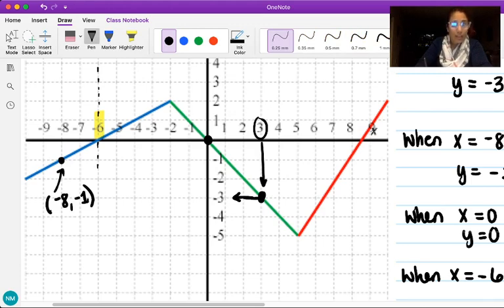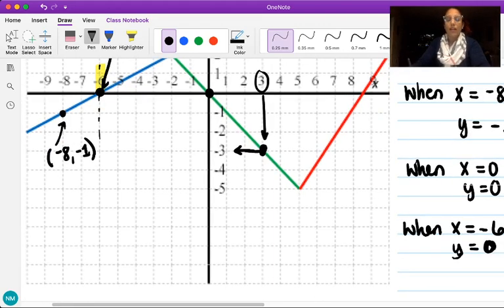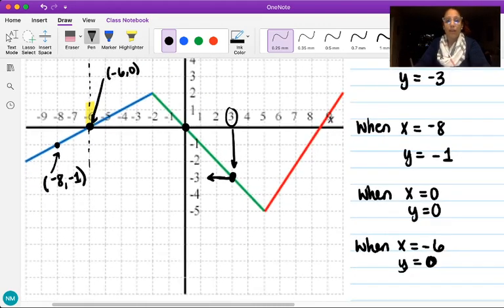Well, the point is actually on the x-axis. What is my y value if it doesn't go up or down? Well, my y value, this point right here, is negative 6, 0. So my y value is 0. So this is reading a graph, just finding out, given your x value, what is your y value?